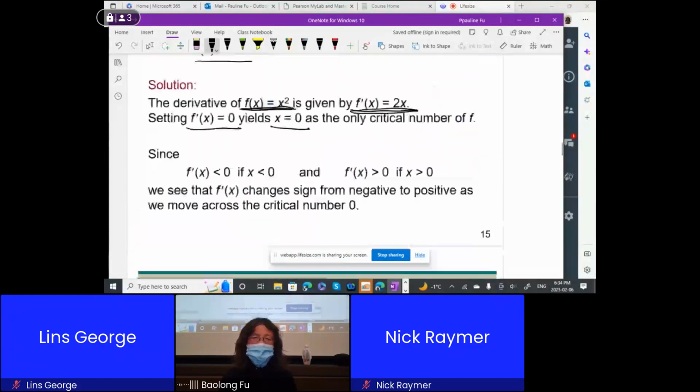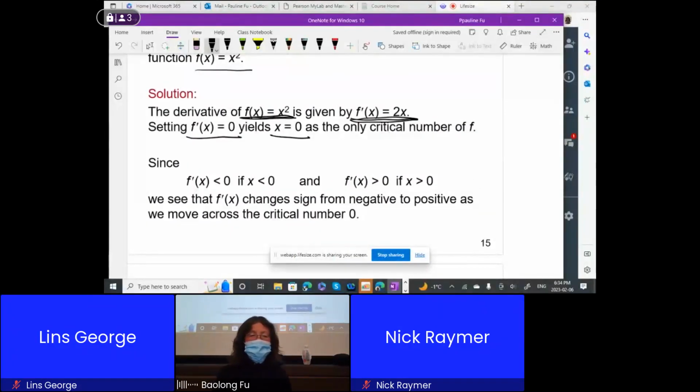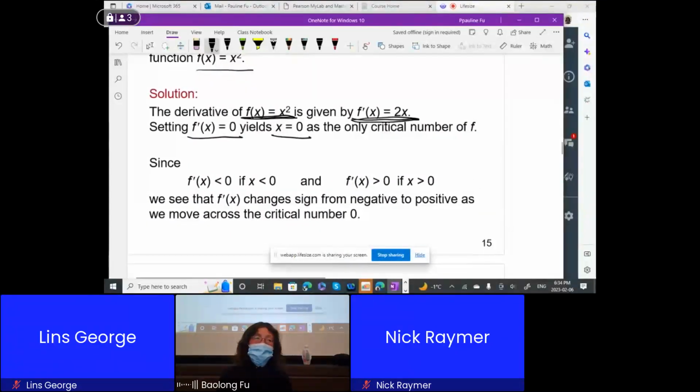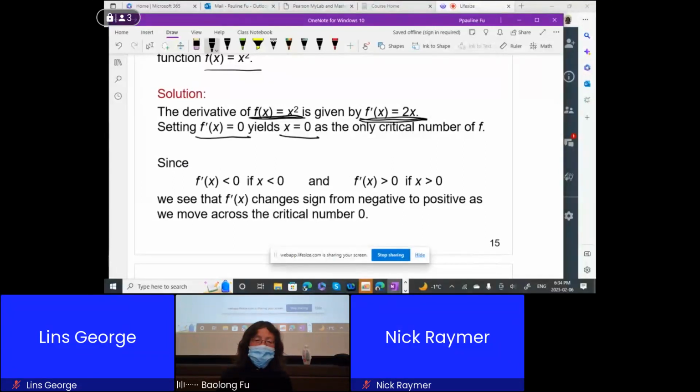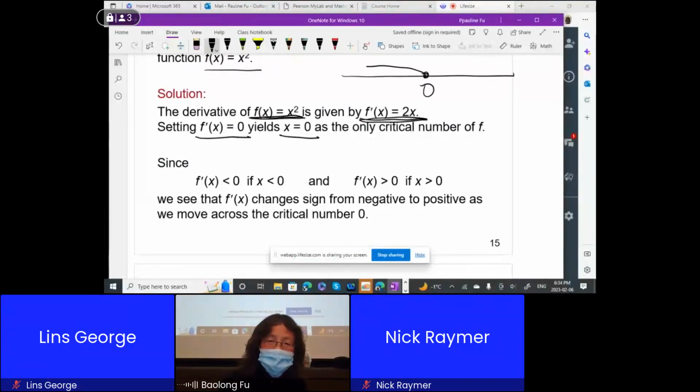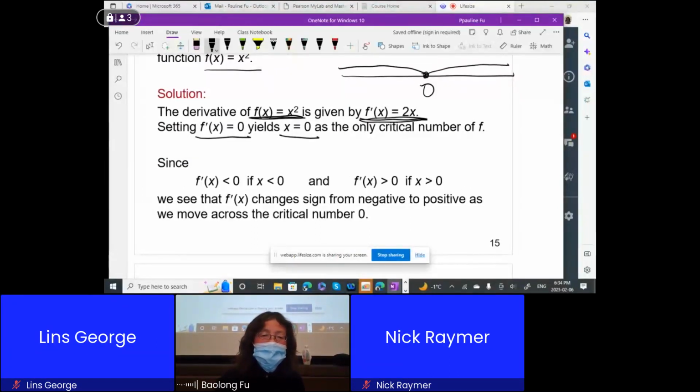And once we get this 0, so what? We know 0 is a critical number. And then remember, this real number line we divide into two parts. This is 0. One part is smaller than 0, the other is greater than 0. We examine the derivative f prime of x.